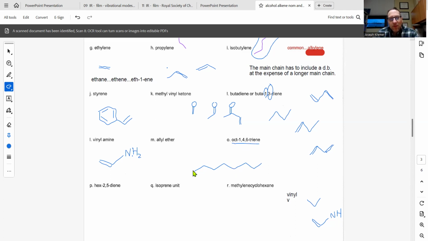And we have a double bond starting at carbon 1, a double bond starting at carbon 4, and a double bond starting at carbon 6. This is called a triene, three alkenes. Tri is the three, alkene is the double bond, three double bonds.